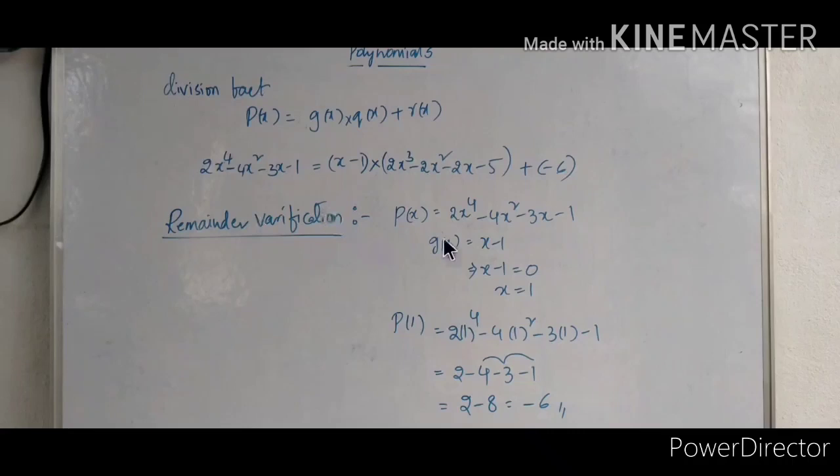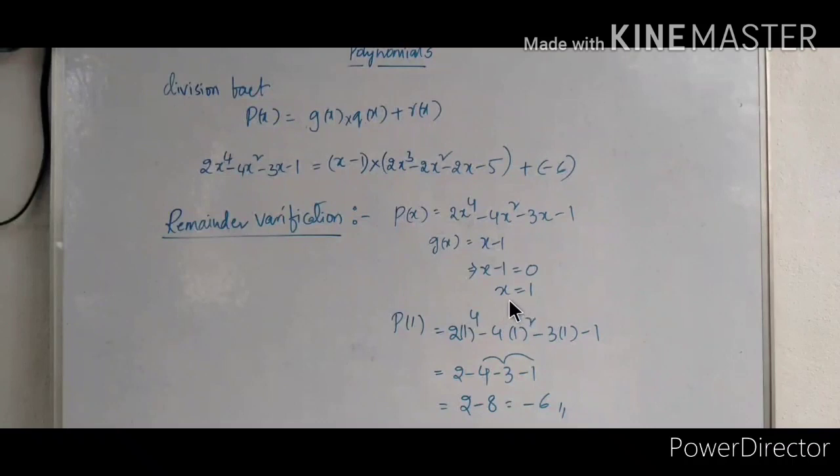Simplification. p of x is equal to, this is the given polynomial, 2x power 4 minus 4x cube minus 3x minus 1, and g of x is equal to x minus 1. This is our divisor. So let's equate this g of x to 0. So x minus 1 is equal to 0, x is equal to 1.